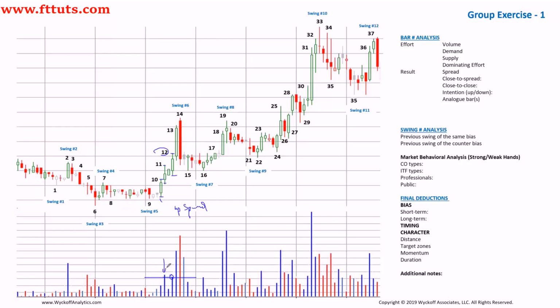So this signature right here, bar number 11, has the volume equation of increasing volume with increasing demand and with some supply that is emerging. This emergence of the supply suggests, by the way, again, we're talking about this resistance right here, selling by institutions.